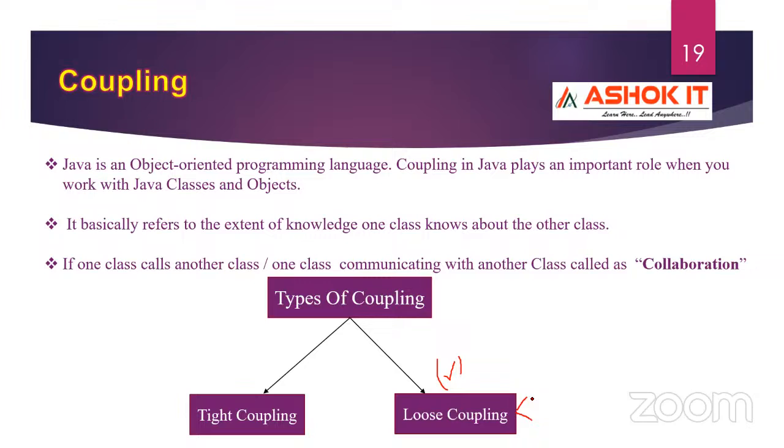One is developing the classes by using interface approaches, so that we automatically get loose coupling between the Java objects, but it will not be 100% loose coupling. Understood my point, guys?